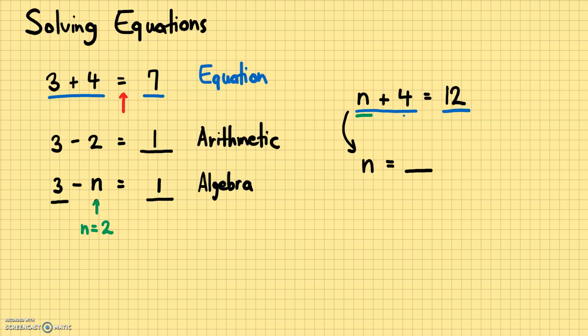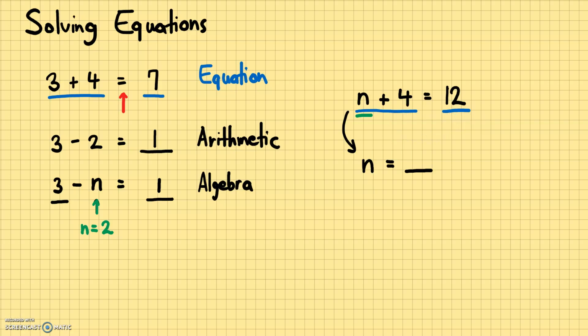We know that the part on the right is 12. And we know one part of the left: 4 is being added to n. So what should n be so that when 4 is added to it, it equals 12? Some of you might have already figured it out using mental math, but let me show you a more structured way of solving this.